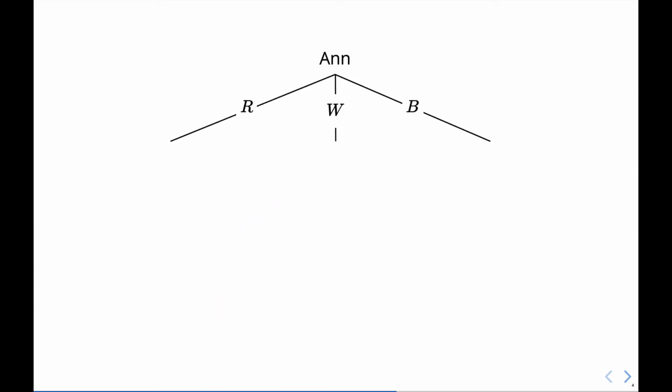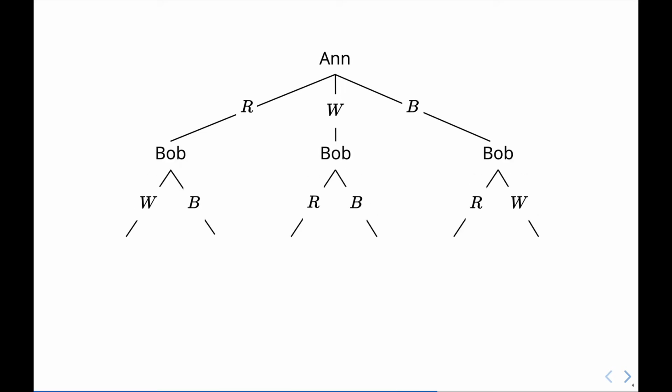So we can represent that in the following way. So Anne could have ordered either a red wine, a white wine, or a beer. And any of these three is a possibility for the waiter. After figuring out what Anne ordered, then Bob could have ordered either a white wine or a beer. So given that Anne ordered a red wine, then there are two possibilities for Bob.